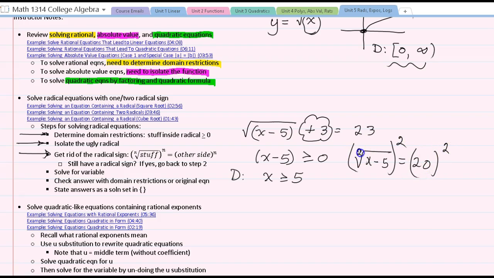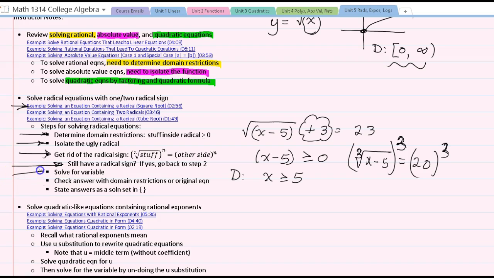However, if this was a cube root, then I would have to cube both sides. I just wanted to remind you of that. If we had a step that created a new radical, we would have to do this process again. I believe one of these examples, maybe that very first one, actually does an example of what I'm referring to. In this case, we only have the one radical.